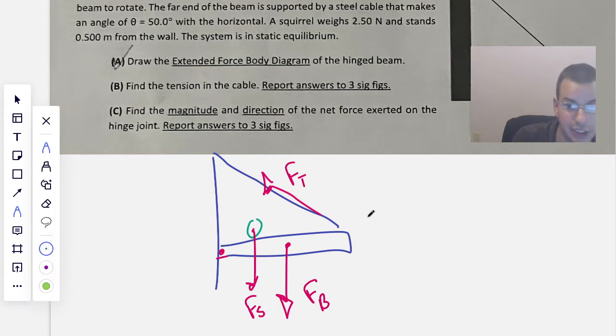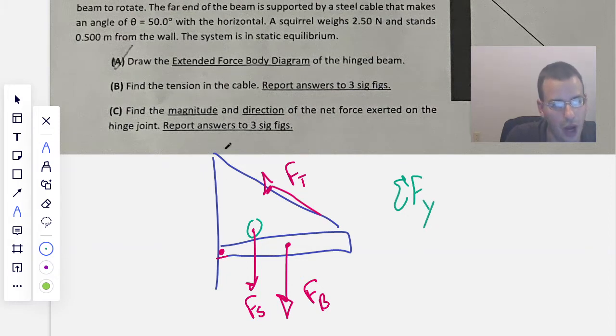So we're going to use one idea viewed in two different ways. We're going to say the sum of all forces, looking at the y direction, the up and down, equals 0, because it's not moving, it's not accelerating.